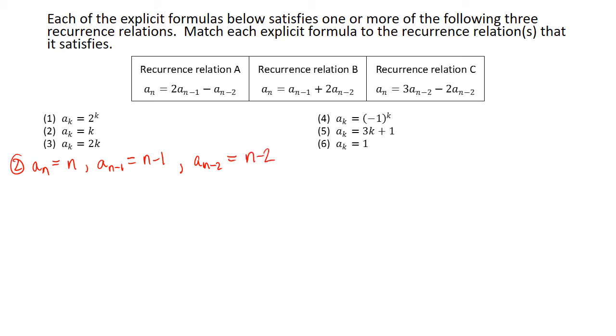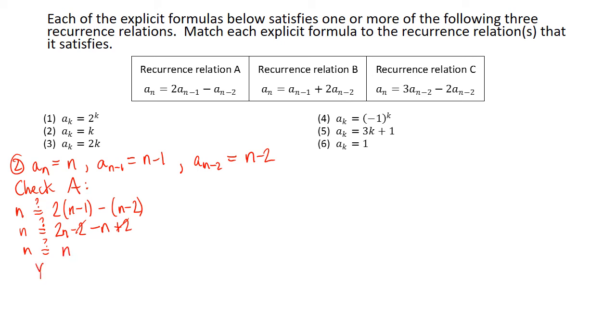Okay, so let's check A, B, and C. On the left I have n, with a question equals, and on the right I have 2 times a_(n-1) minus a_(n-2). So this will be 2n minus 2 minus n plus 2. So actually this does work out. That cancels, and that leaves me with n there, so this is a yes.